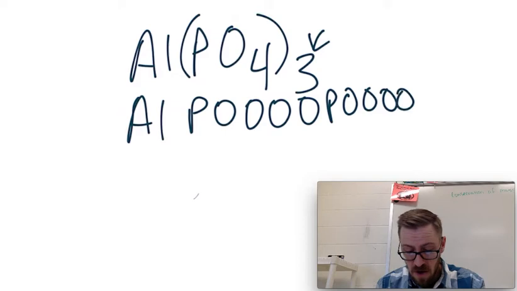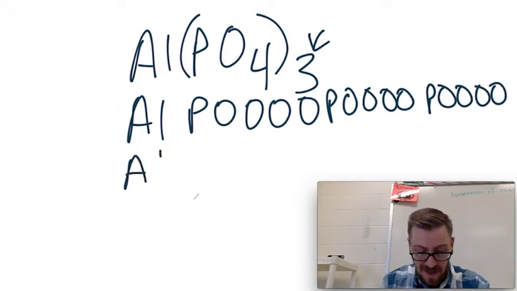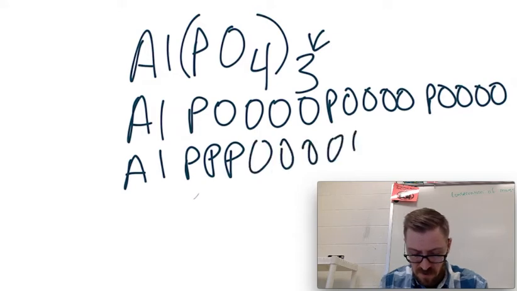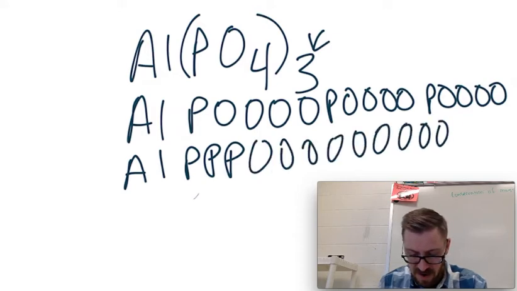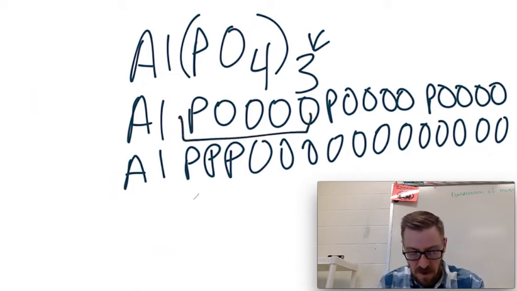It is not wrong to go Al, 3 P's, and then 12 O's. 1, 2, 3, 4, 5, 6, 7, 8, 9, 10, 11, 12. You can do that. Nothing wrong with that. But again, what if you wrote 11 O's? It's kind of hard to count that way. It's really easy to see 1, 2, 3.